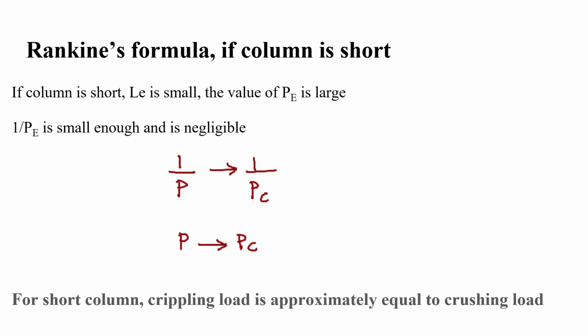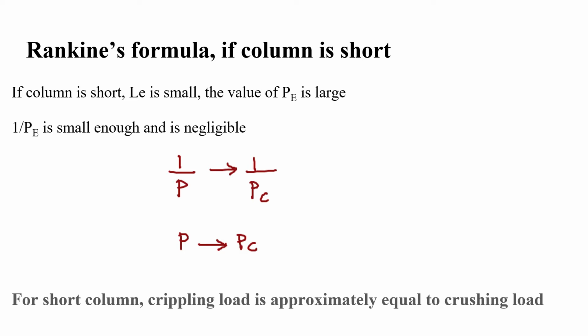Rankine's formula if the column is short. For a short column, the effective length is small, so the value of Pe, given by pi square EI by Le square, is large. So 1 by Pe is small compared to 1 by Pc, and it is negligible. In such a situation, 1 by P is approximately equal to 1 by Pc itself.